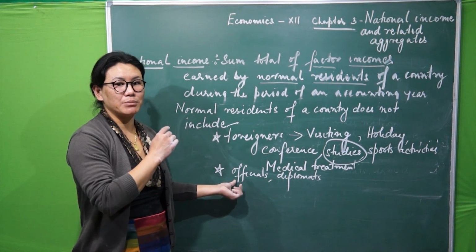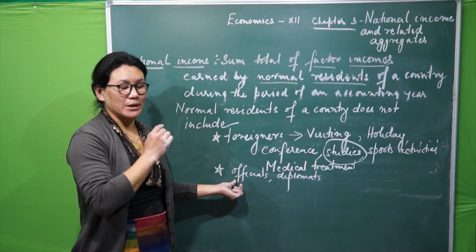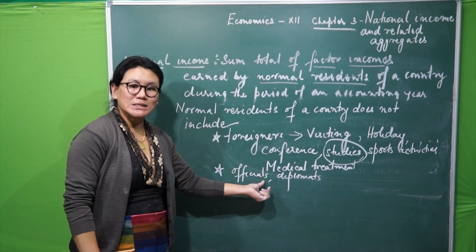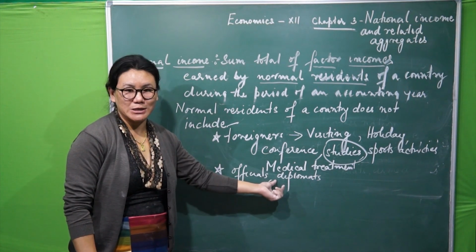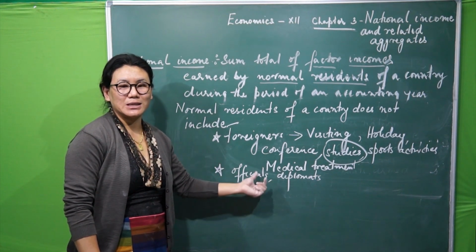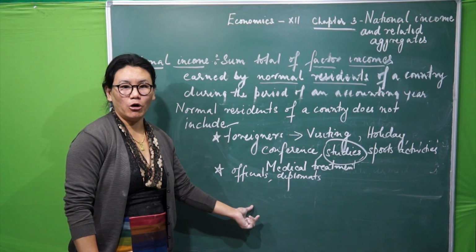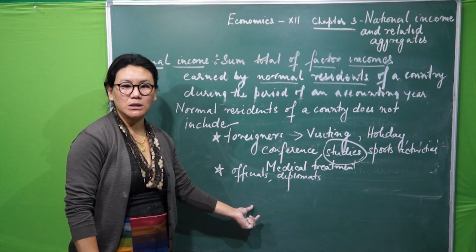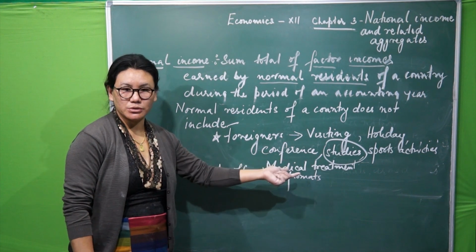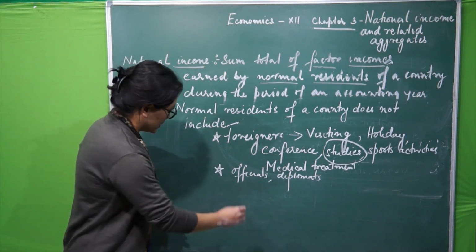Here I'm taking the example of India. So these people are also considered as non-residents of India, even if they stay in India for more than 1 year or more. Is that clear?